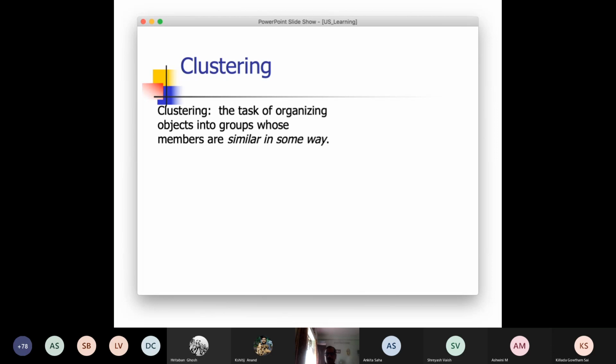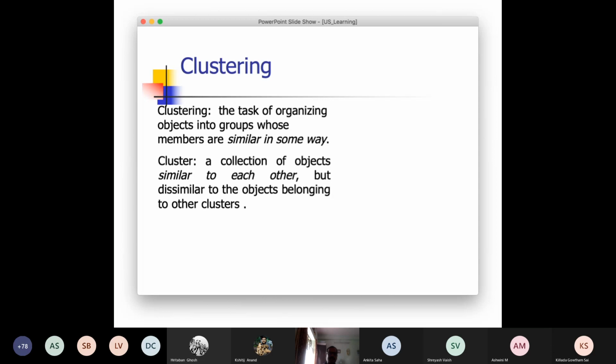So clustering is a very well-used term, and that is the essence of unsupervised learning, the very core concept of unsupervised learning. Clustering means the task of organizing objects into groups whose members are similar in some way. You see that this is a kind of loose definition of similarity; it is not a very hard definition of a cluster. It is a collection of objects similar to each other, but dissimilar to the objects belonging to other clusters.